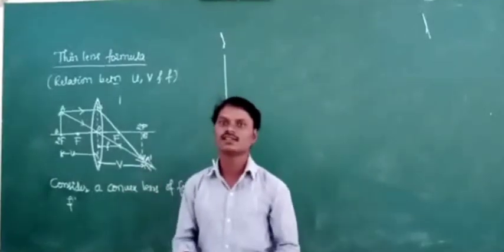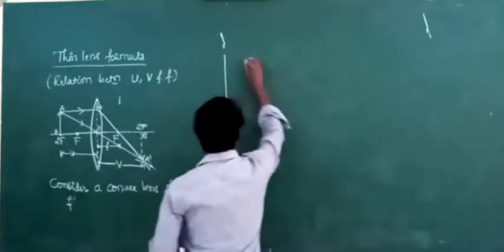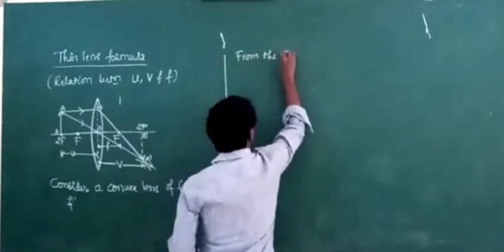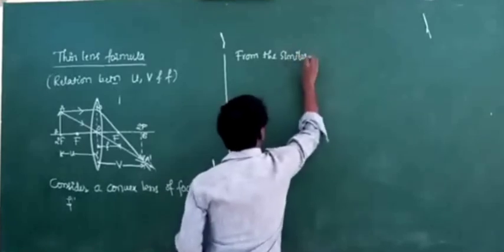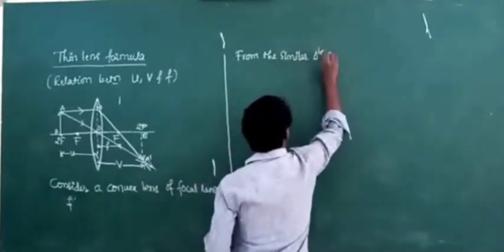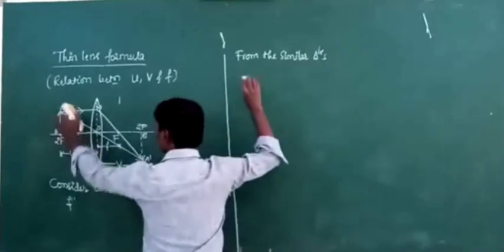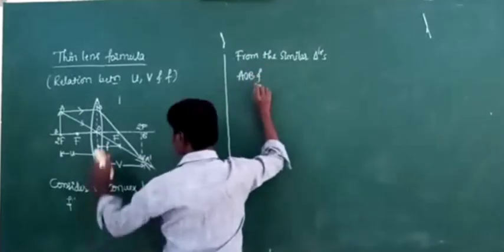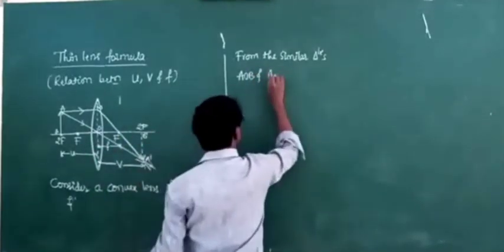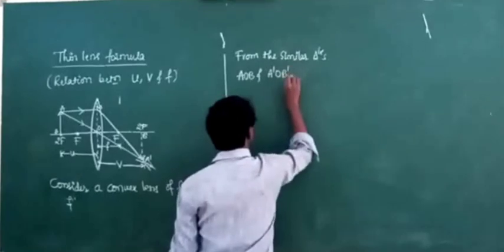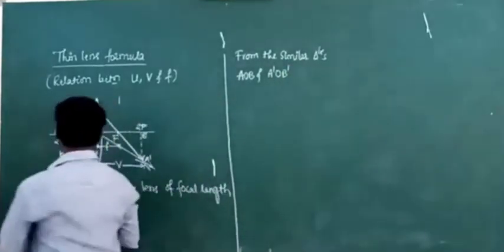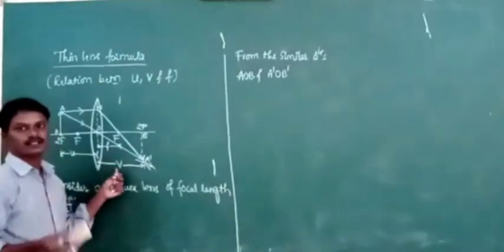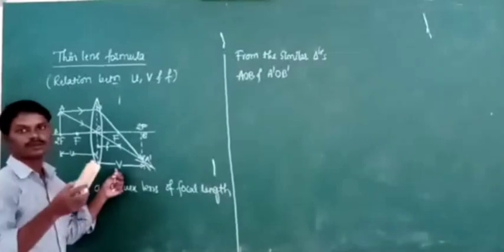That is why they are called similar triangles. Why are we choosing these two similar triangles? Because in this triangle we will get the object distance, and in this triangle we will get the image distance.